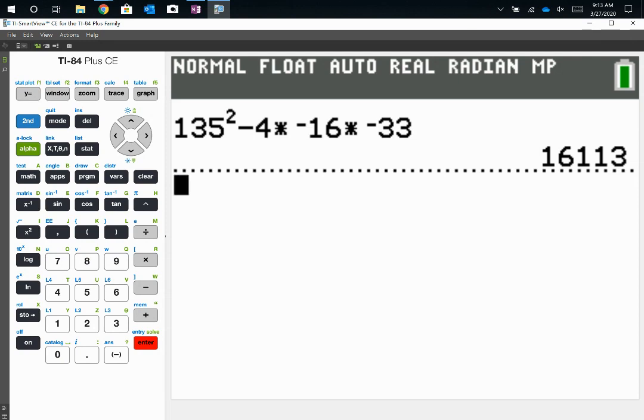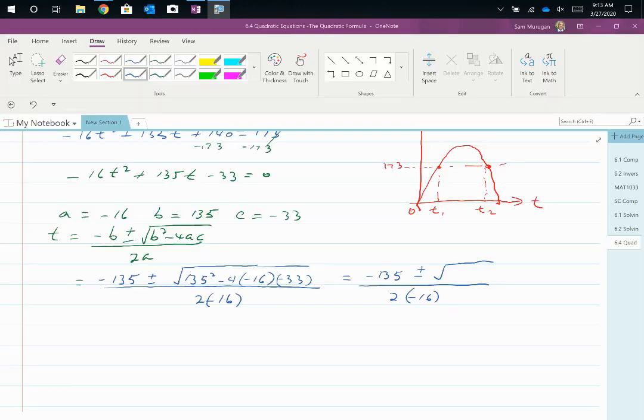And I get 16113. Okay, right here we can go ahead and make this negative 32.